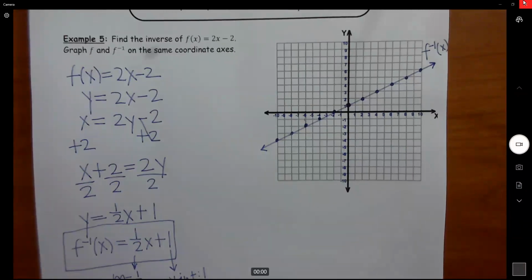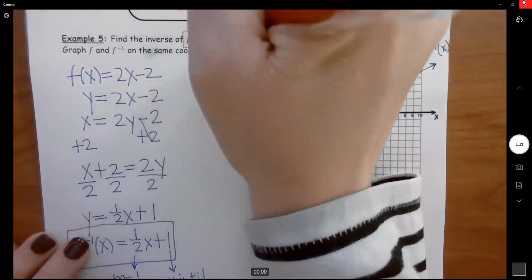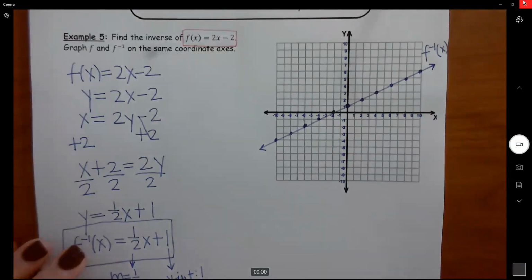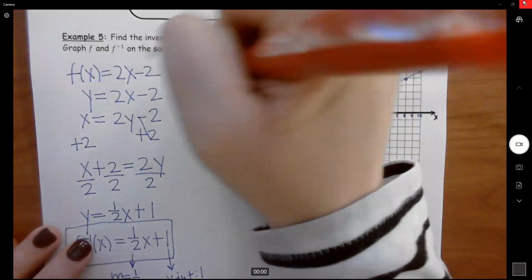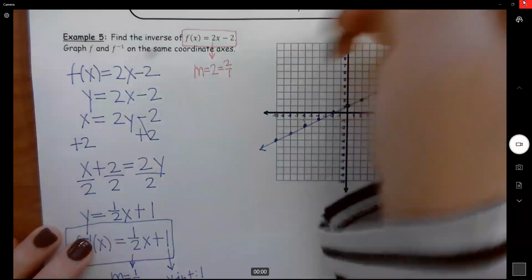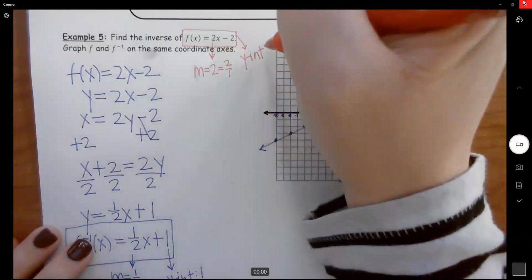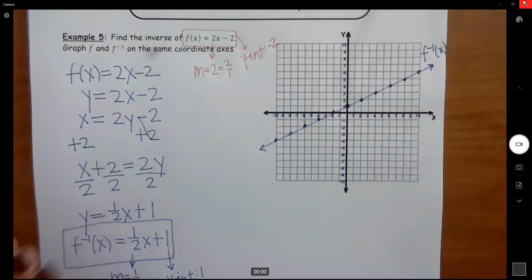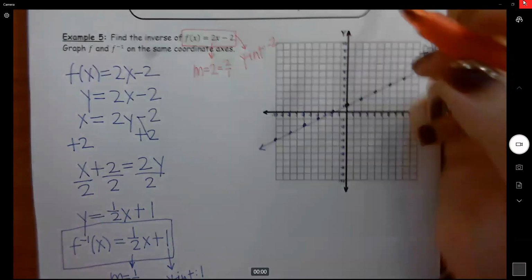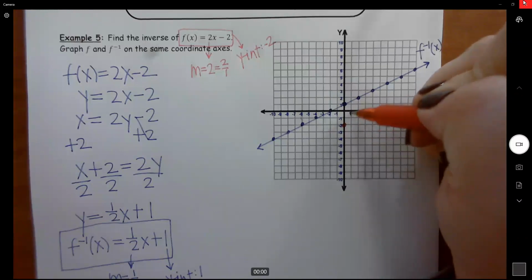And now I'm going to graph my function on the same thing. And luckily, it's already in the form we need. So my slope is 2, which is the same as 2 over 1. And my y-intercept is -2. So we go down to -2, and I'm going to go up 2 over 1.